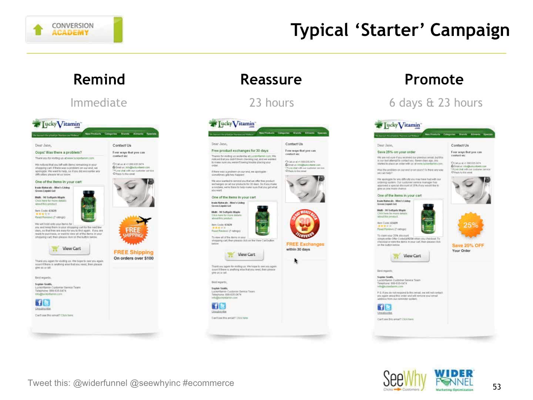Now, moving away from gotchas, if somebody said to me, how would I start and what would this look like, then you should think about something along these lines. A sequence: immediate, maybe plus 23 hours for the second, and the third one, if you can do a third one, at 6 days and 23 hours. If you're putting a promotional offer in, you want to hold it for the last of the sequence for all sorts of obvious reasons.